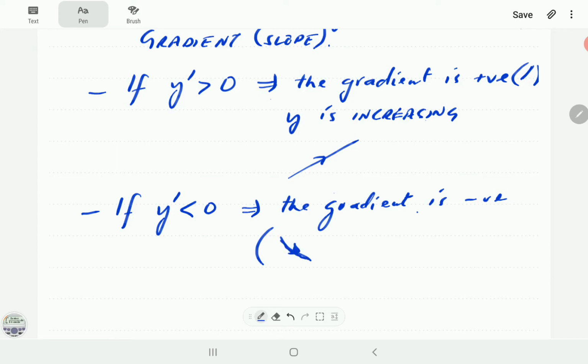And this we call a decreasing function. So a function like this is called decreasing because as you traverse along this curve, your height decreases.